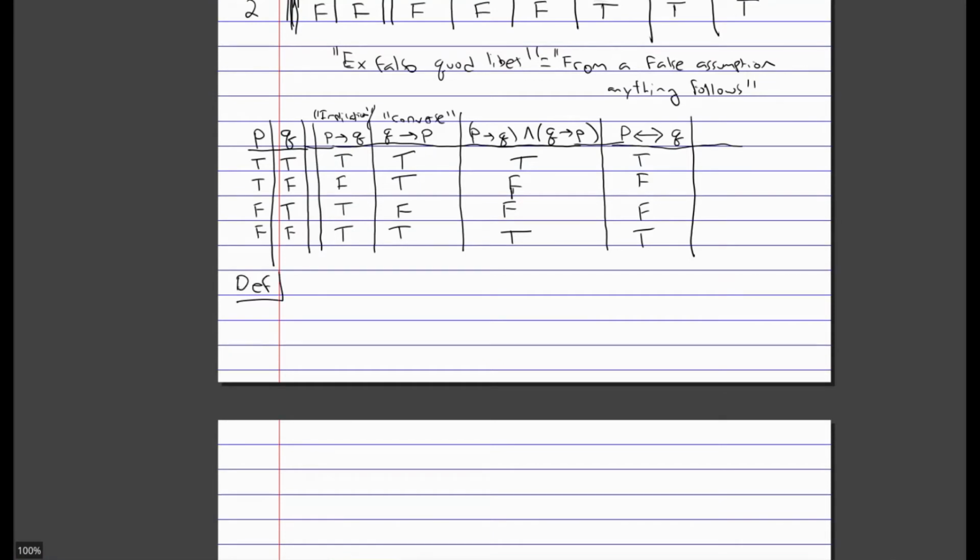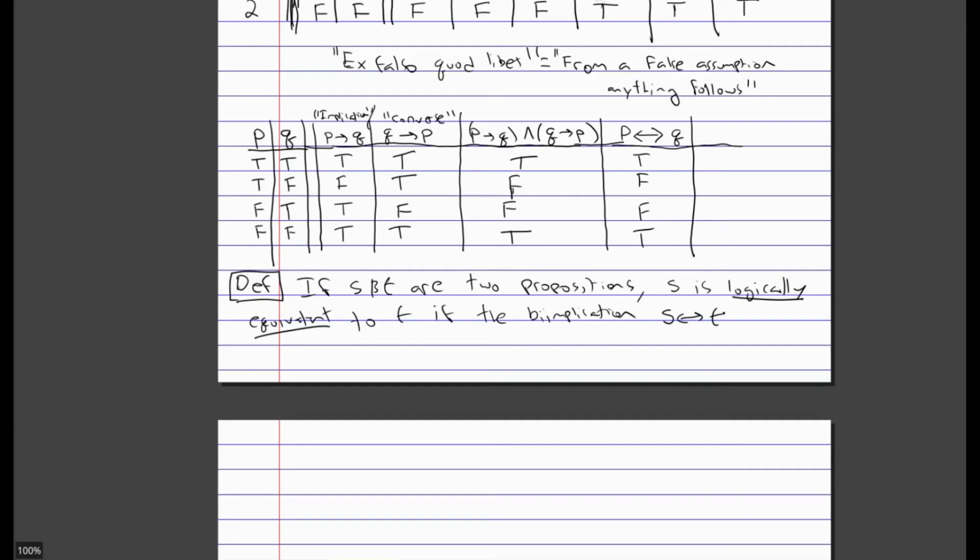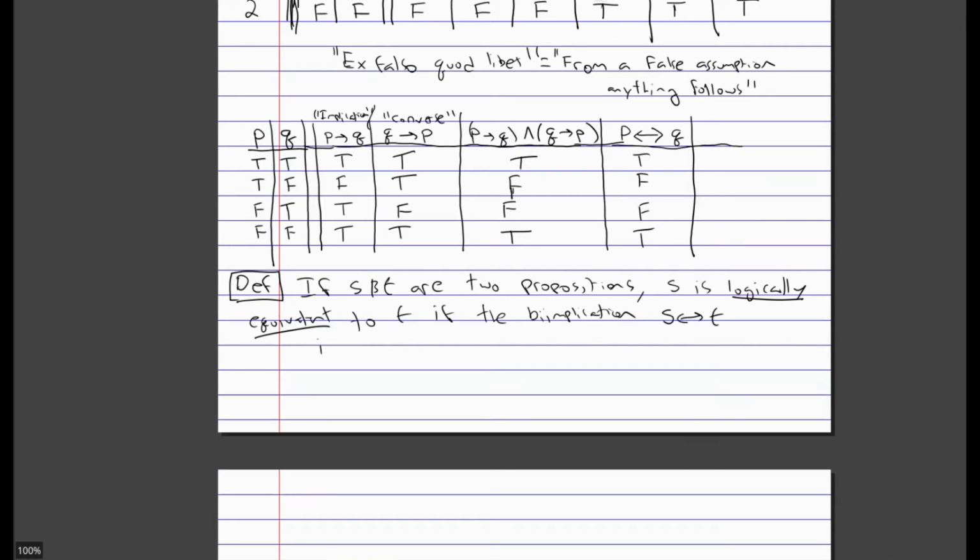We say that if S and T are two propositions, we say that S is logically equivalent to T if the biimplication, S biimplication T, so this statement right here, is a tautology.